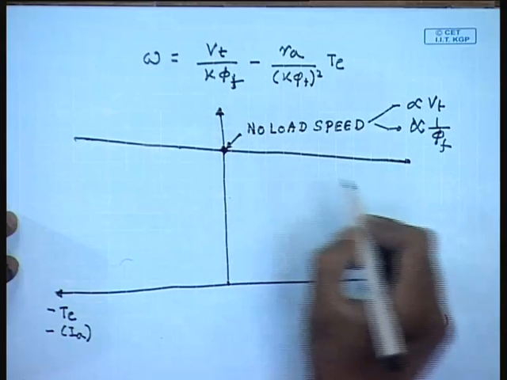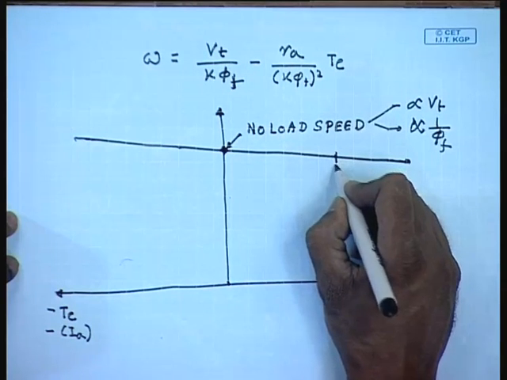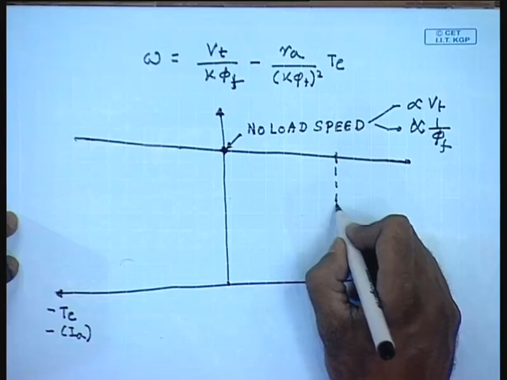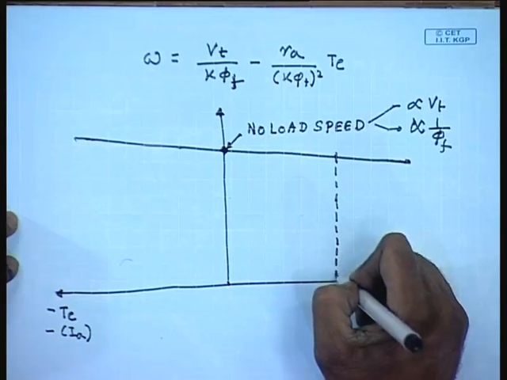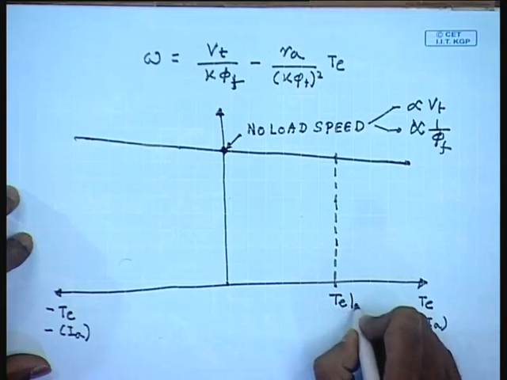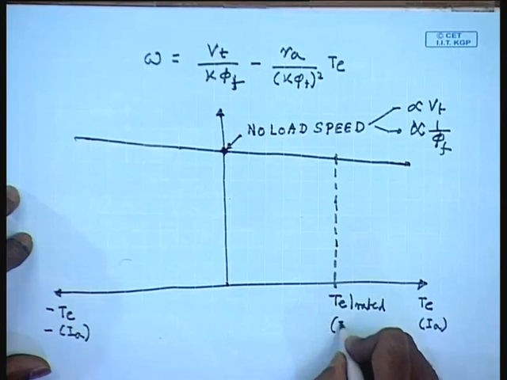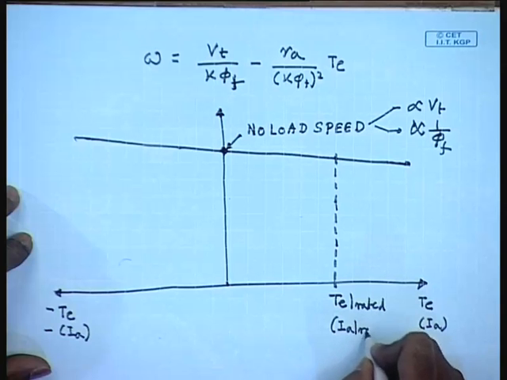This is the slope, and let us say this is the rated armature current and hence the corresponding Te rated.